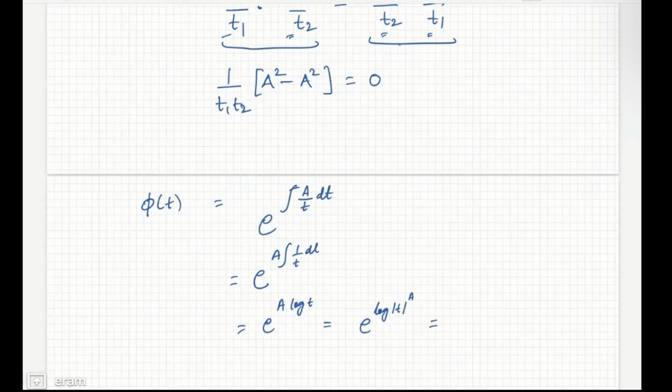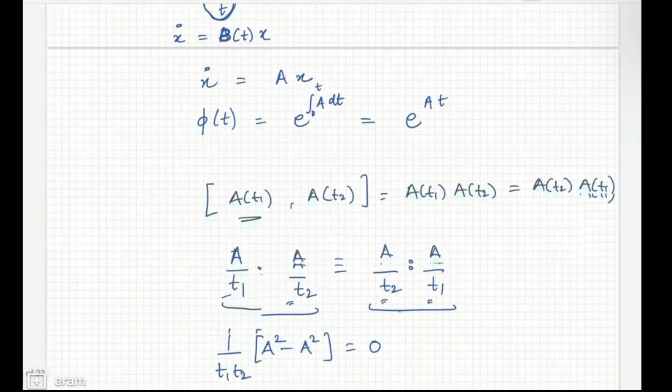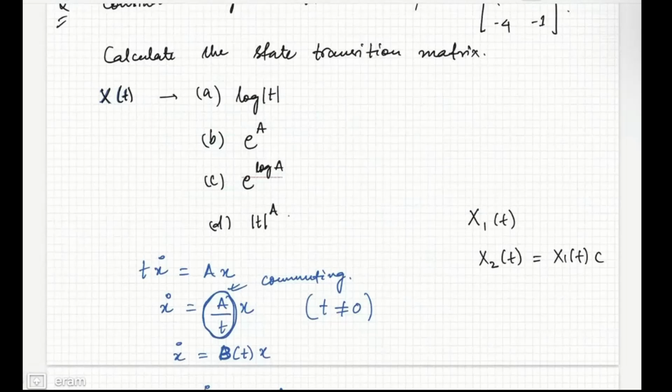And this is nothing but we have log in the exponential, so it is equal to t to the power a. So which option is correct? The last one. Any doubt in this question? No, ma'am. Okay.